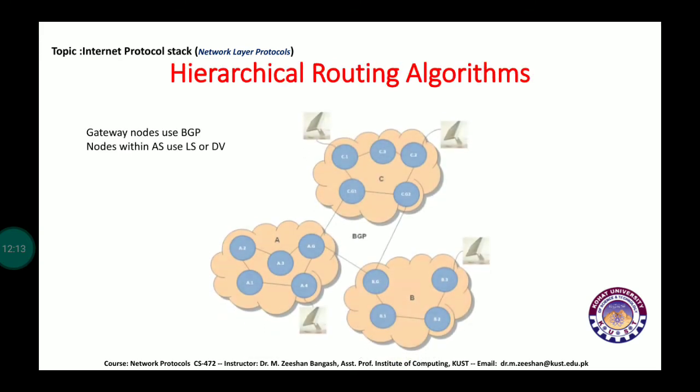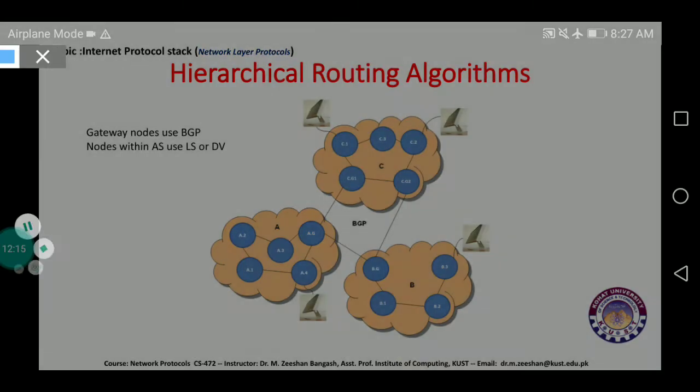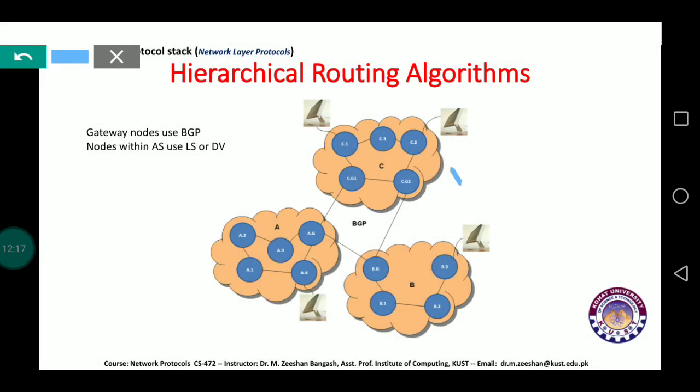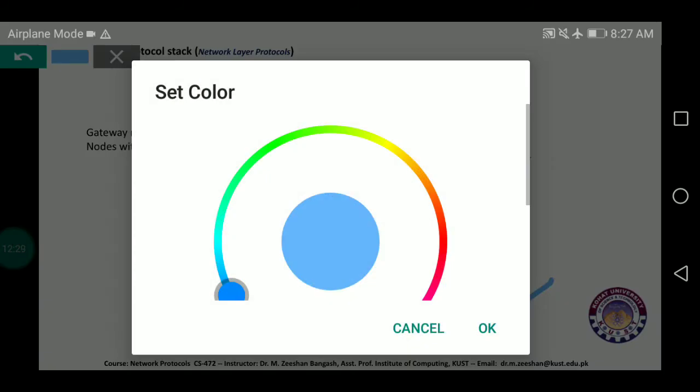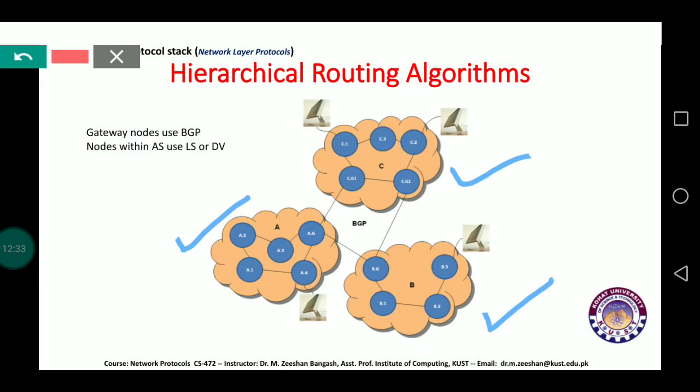Now, let's consider this scenario in which this is one autonomous network comprised of different networks. This is another autonomous system, and this is the third autonomous system. In this autonomous system, we can notice there are different inter-network routings. Similarly, there is inter-network routing in each autonomous system.